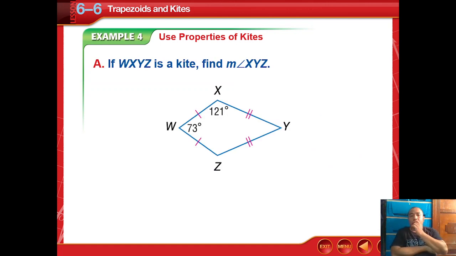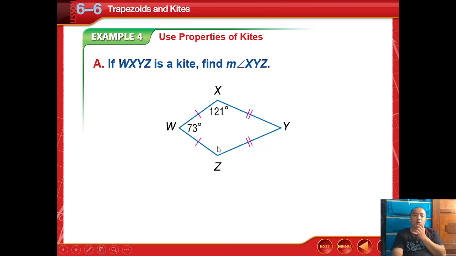Okay. If WXYZ is a kite, find the measure of angle XYZ. What's the measure of angle Y? So Z is 121 also, plus angle X and angle Z are congruent by theorem 6.26. But W and Y are not equal.